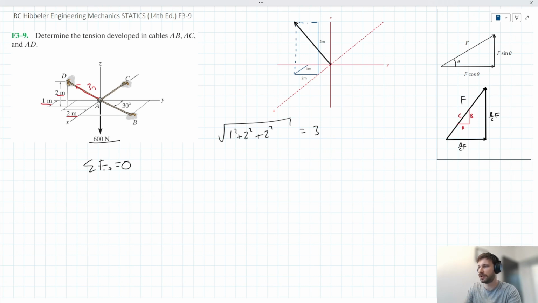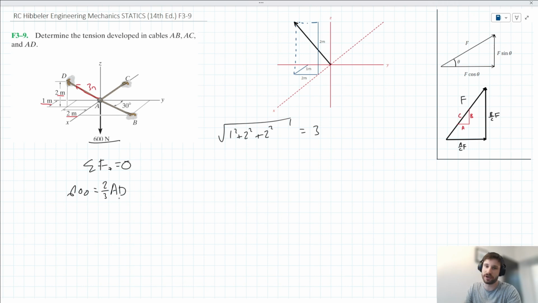So the sum of the forces in the Z is equal to 0. Things acting down are equal to things acting up. What's acting down? We've got that 600 newton force there. What have we got acting up? We've got the Z component of AD, which we can describe using the geometry we've determined as 2/3 of AD.